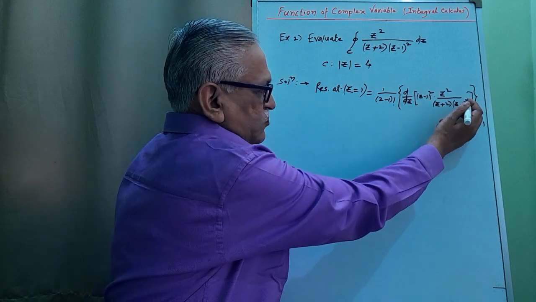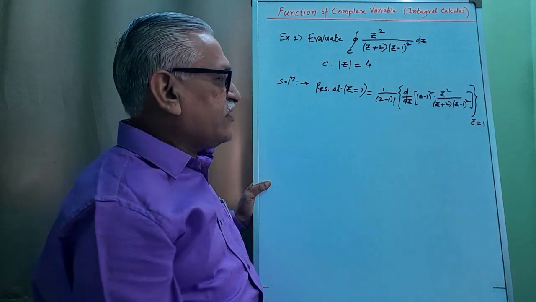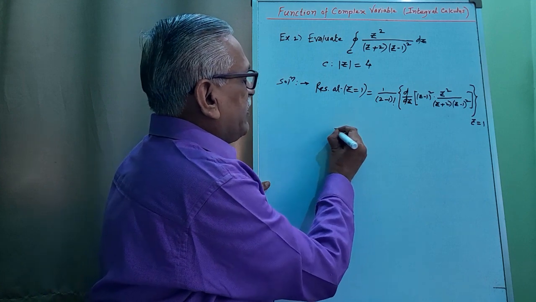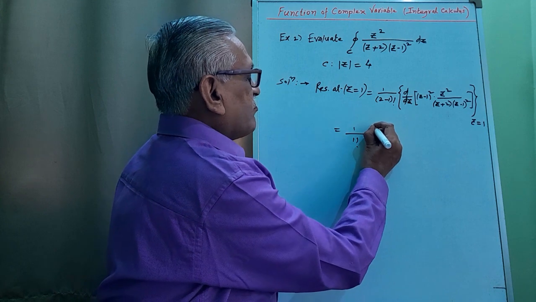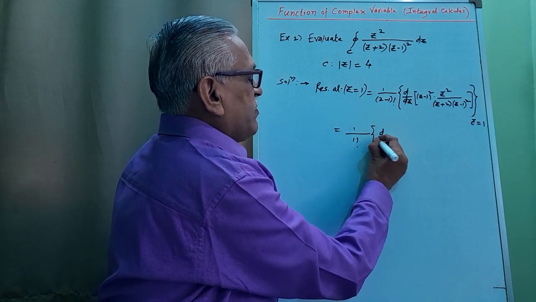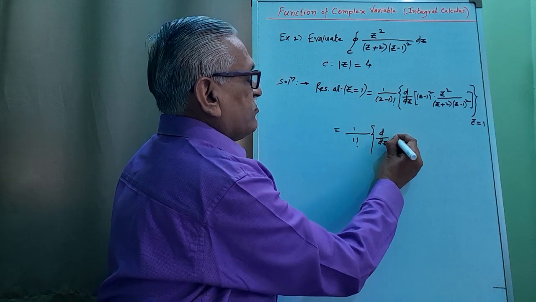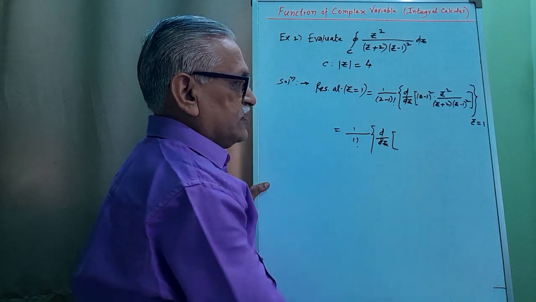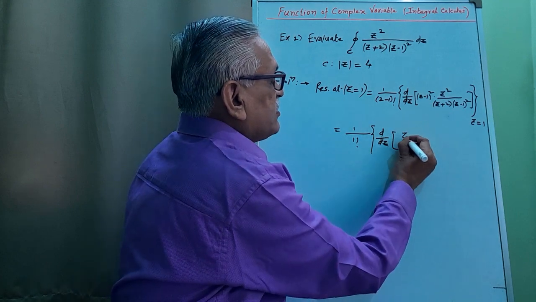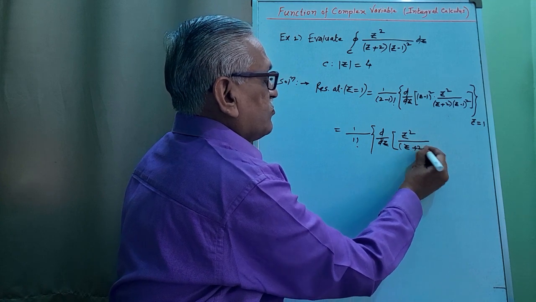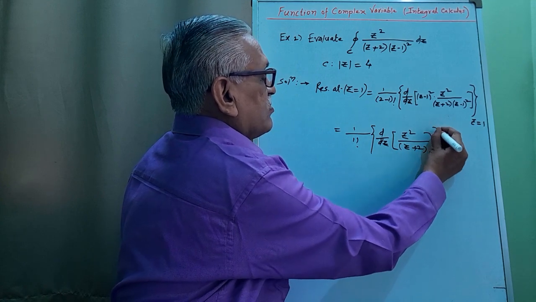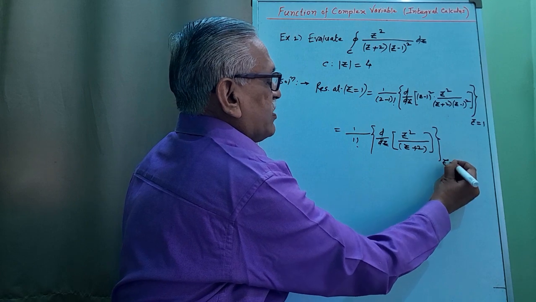The (z minus 1) whole square gets cancelled. We get the remaining term as 1 upon 1 factorial, d by dz of the remaining terms, z square divided by z plus 2, at z is equals to 1.